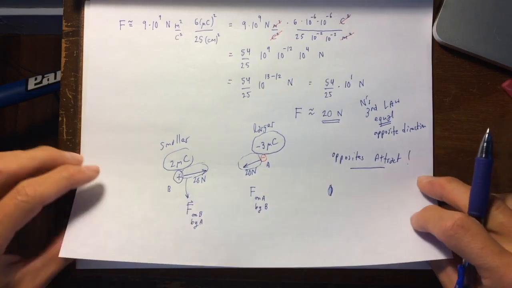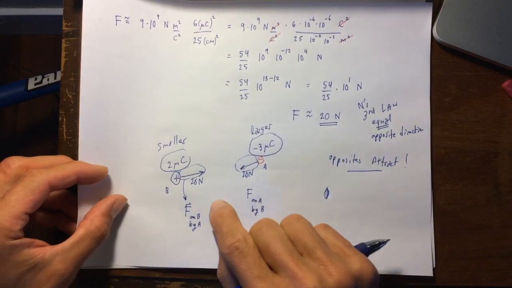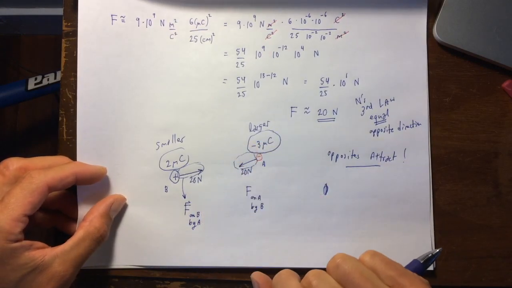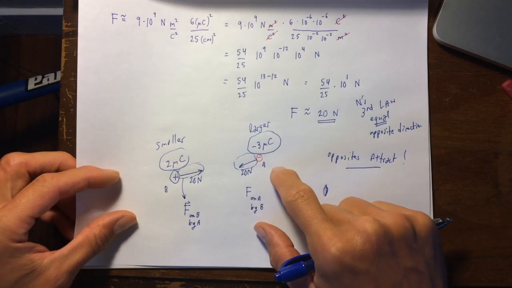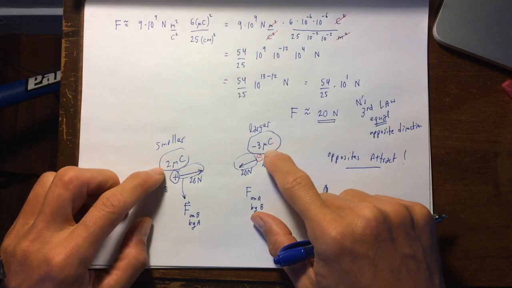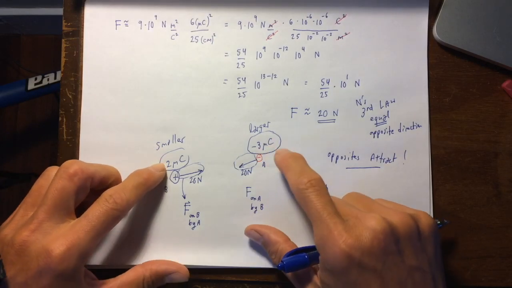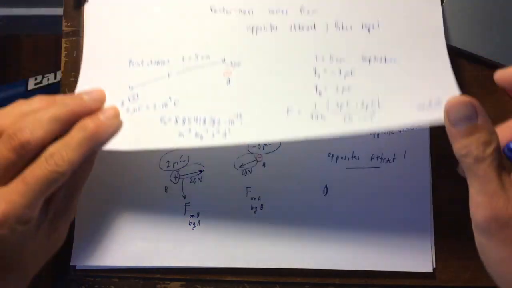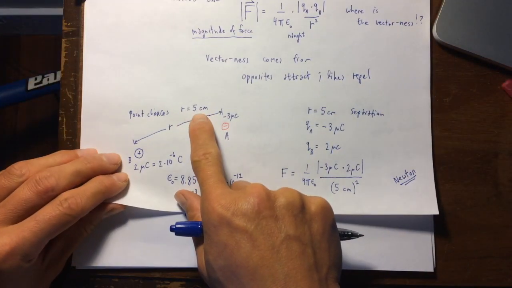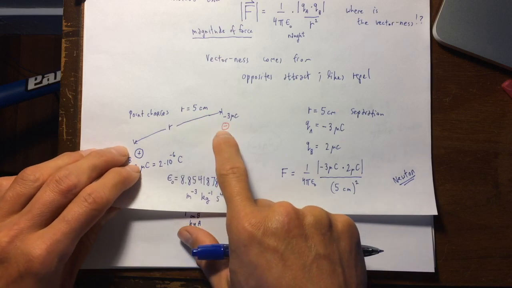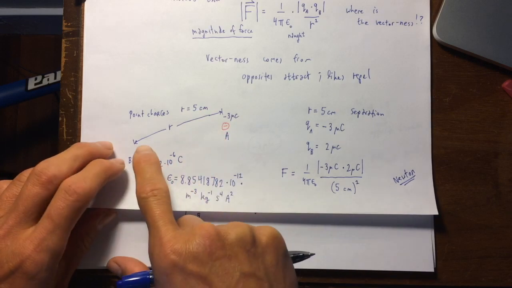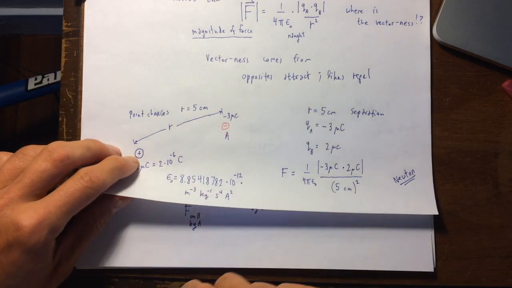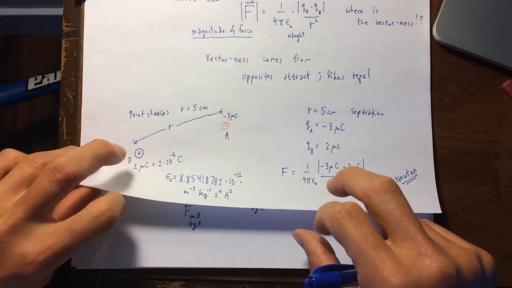So continuing on, I'd like to make this a little bit more precise. I'm going to use the very same data, the charge, and also the separation distance of 5 centimeters from earlier. But I'm going to be really precise about where the two charges are in a coordinate system so that I can do some vector stuff.